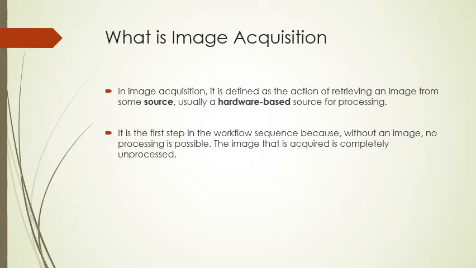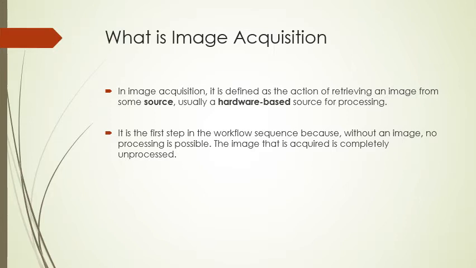What is image acquisition and how can we acquire it? Image acquisition is defined as the action of retrieving an image from some source, usually a hardware-based source, for processing. Whenever we have to acquire an image, we need hardware.